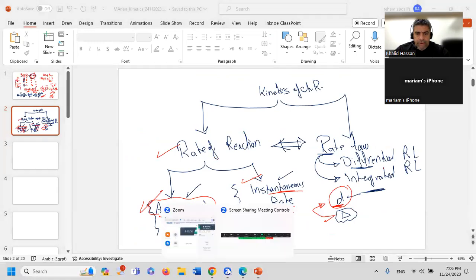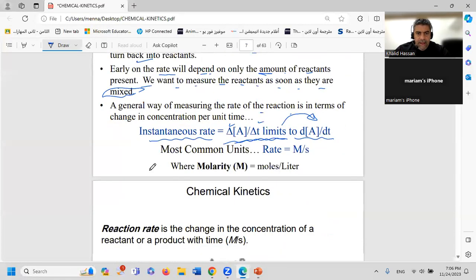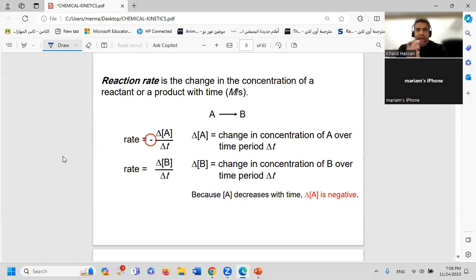Now let's continue before the time is off. Now, the reaction rate is the change in concentration of a reactant or product. So when you are using A to B, A is the reactant, B is the product. Rate will be the change in concentration of A divided by change in time, and you have to insert a negative sign. Don't forget that.